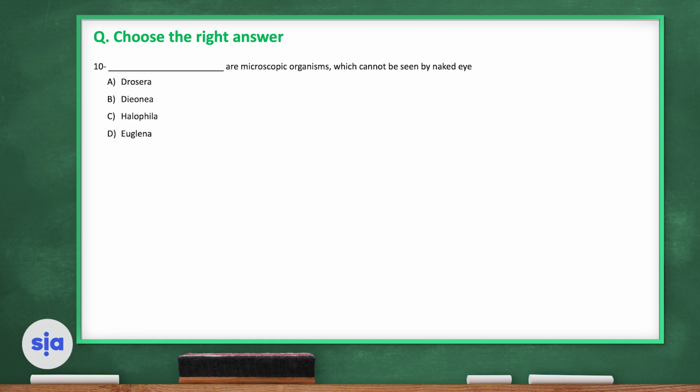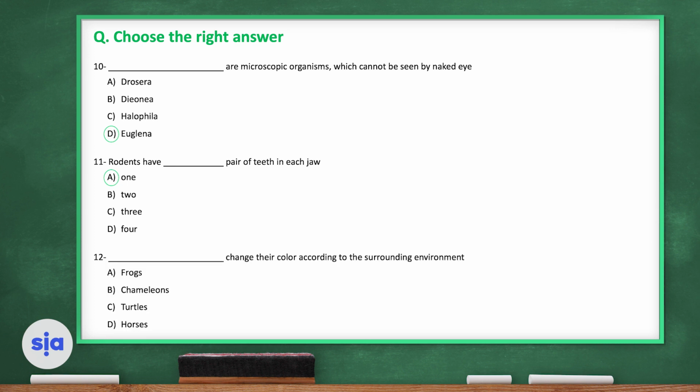What are microscopic organisms which cannot be seen by naked eye? Drosera, Dione, Halophila, Euglena. It's Euglena. Rodents have what pair of teeth in each jaw? 1.